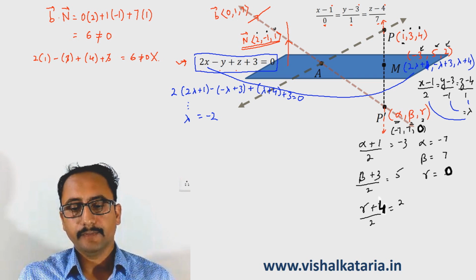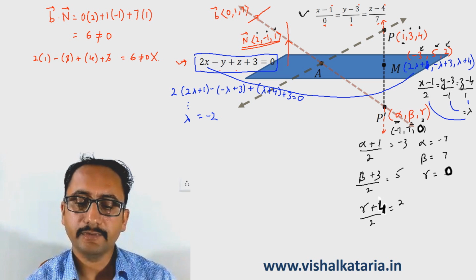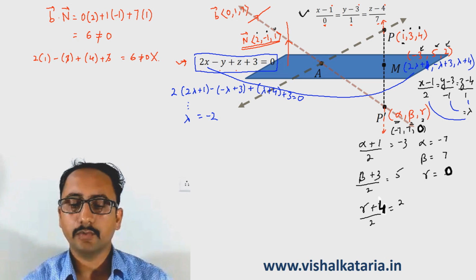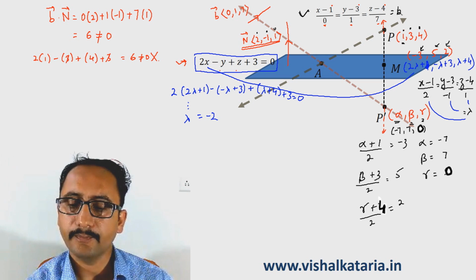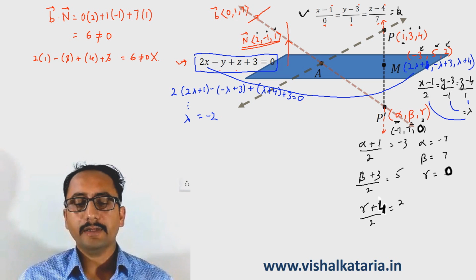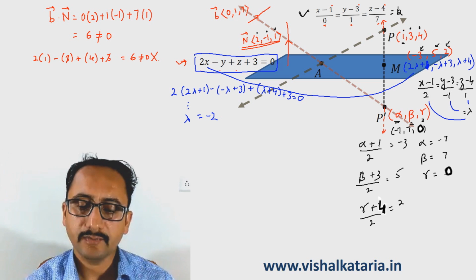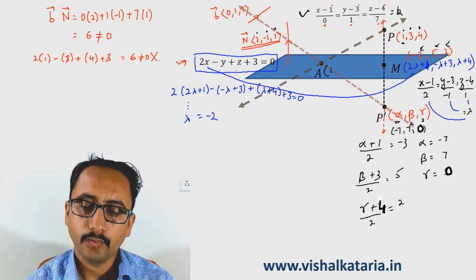The equation of the given line is (x minus 1) upon 0. If I take this equal to k, every point on this line can be expressed in terms of k, and it will be equal to 1.